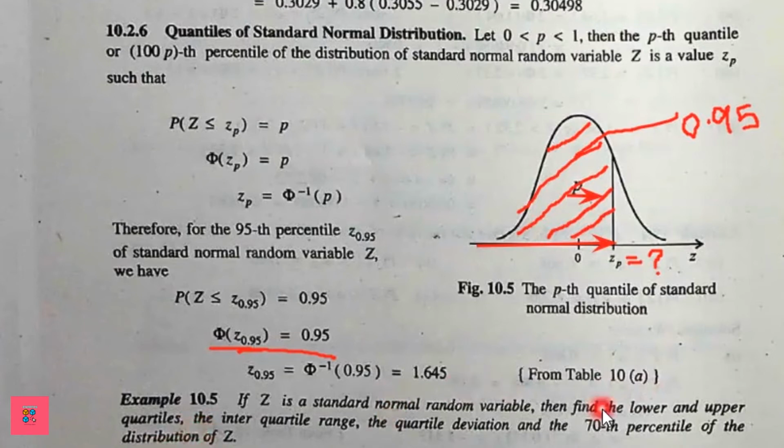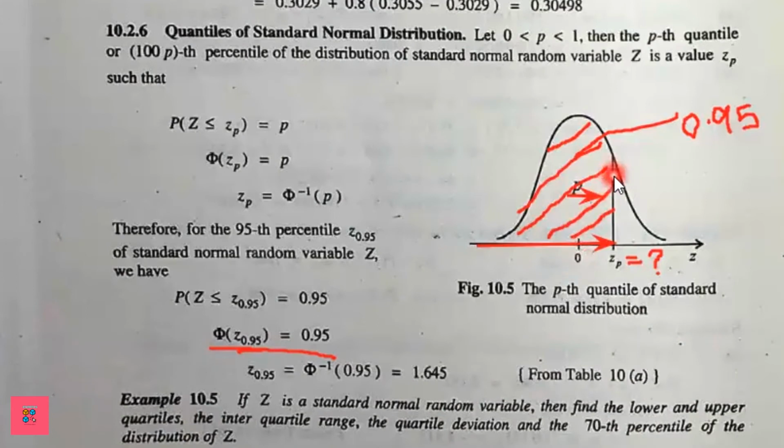In this example, it's the 75th percentile of the distribution Z, and you have to find the lower and upper quartiles. As I told you, this distribution has three quartiles: Q1, the first quartile, and Q2, always in the center, which is equal to 0. So we don't need to find the second quartile.